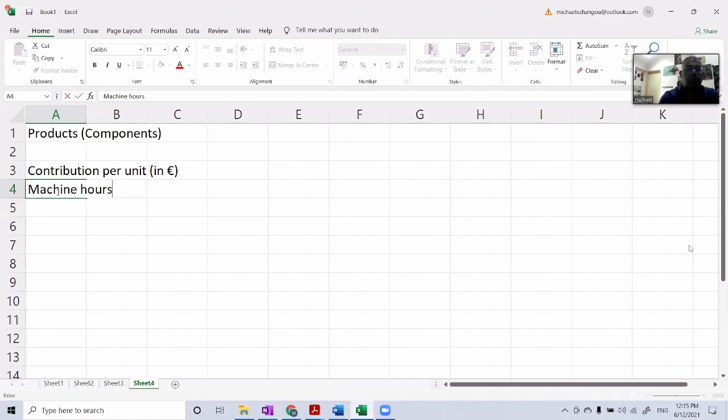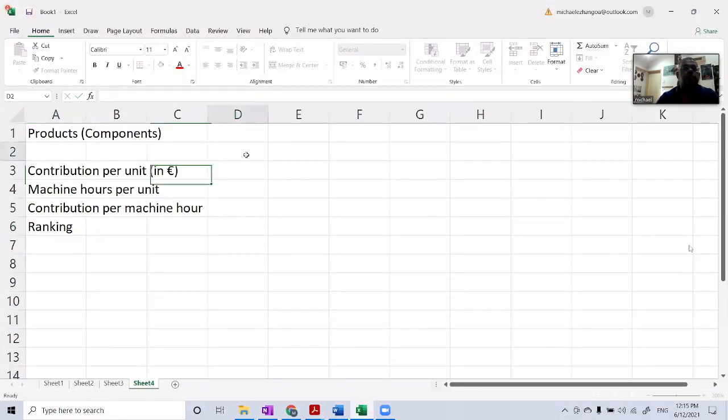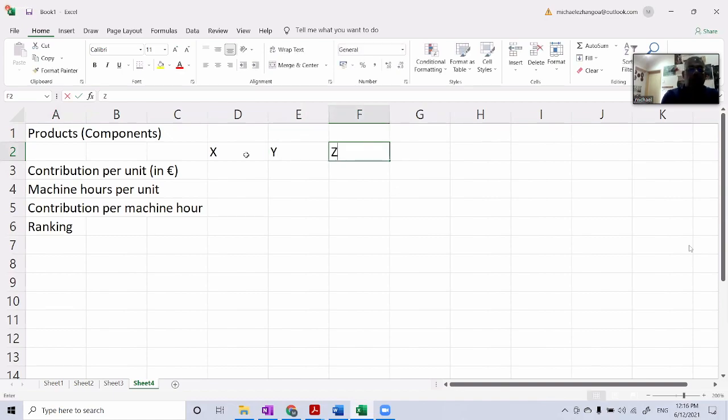Machine hours per unit, and then we have contribution per machine hour. Then we have ranking. Okay. Now, the three products that we're going to make are X, Y, and Z.